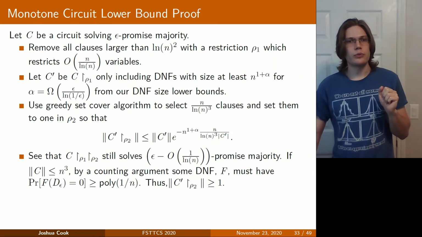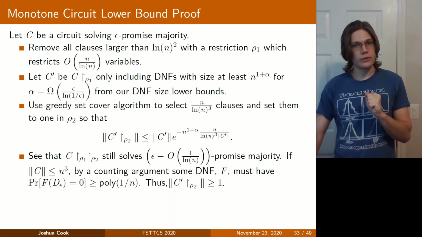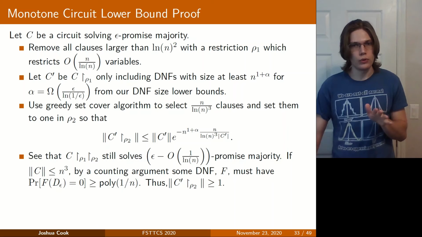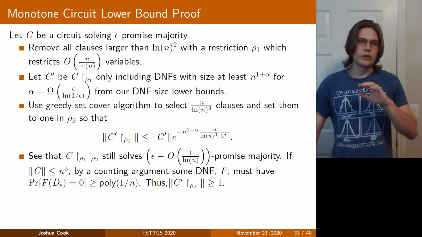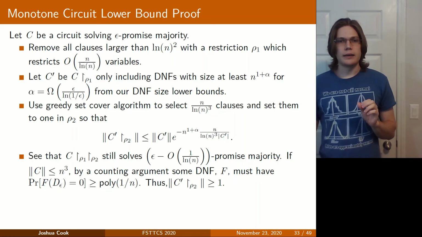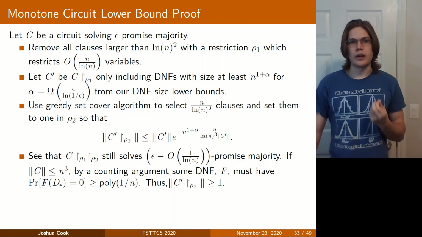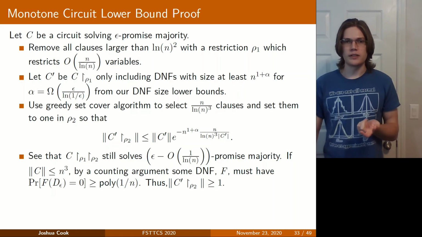Now, after we apply these two restrictions, we still solve an epsilon promise majority, very nearly, because we've only fixed 1 over a log n order number of variables. If we don't already have n cubed DNFs, then by a counting argument, there must be some DNF that's going to output 0 on the epsilon with polynomial probability, so it's going to have the size n to the 1 plus alpha.